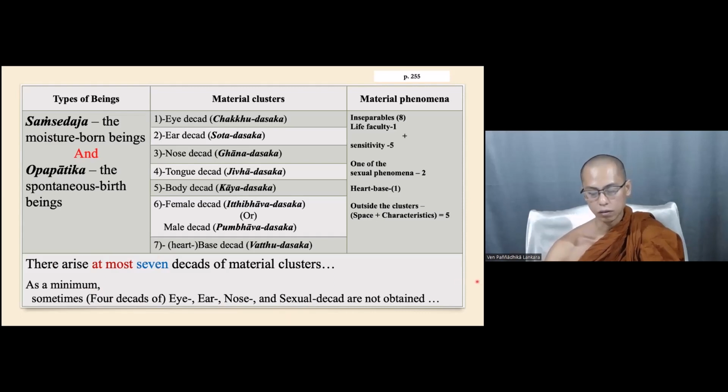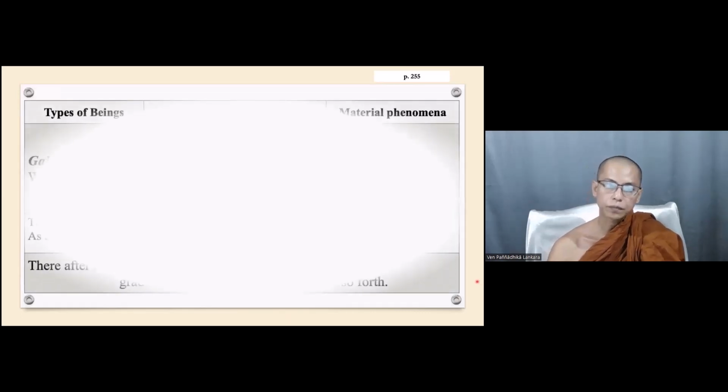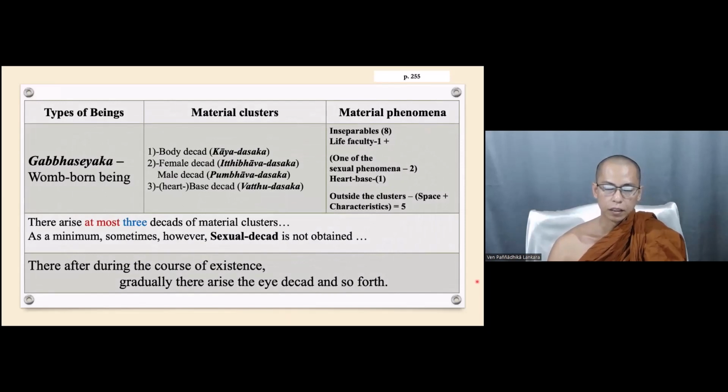So let's continue with another type. The last one, the Gabbhaseyyaka, the third category, includes 2 types: Andaja, egg-born beings, and Jalabuja, womb-born beings.